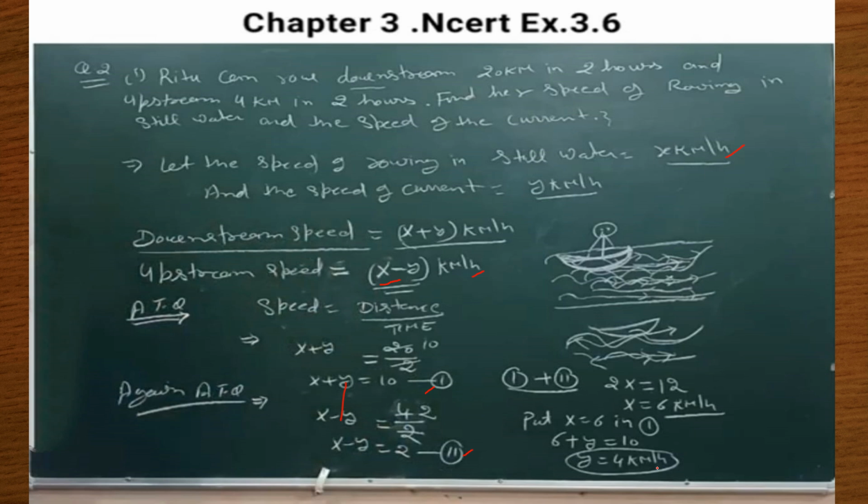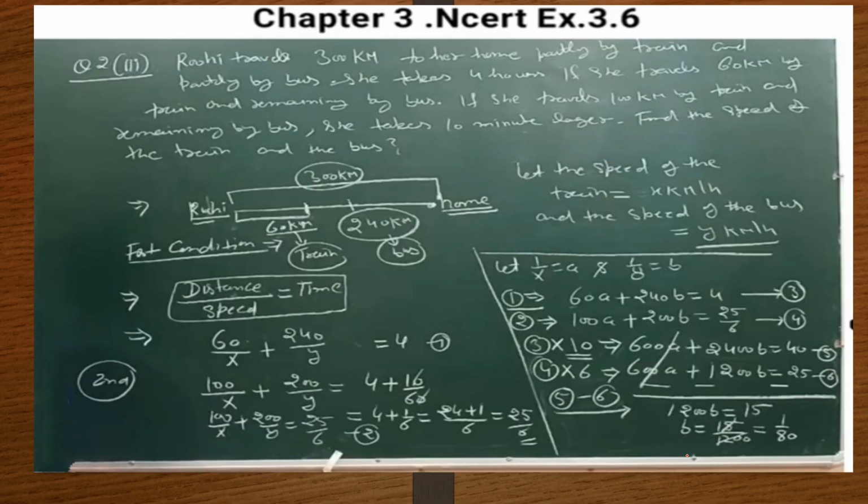So we say that the speed of rowing in still water is 6 kilometer per hour. This is the first answer, and the speed of the current is 4 kilometer per hour. This is the second answer. Now come to the next question.